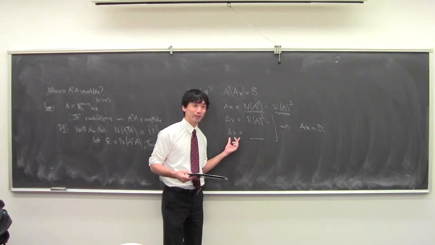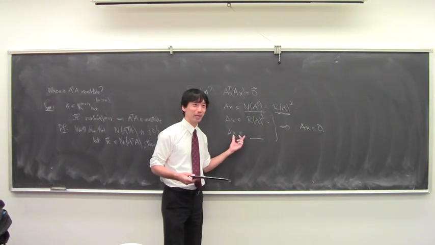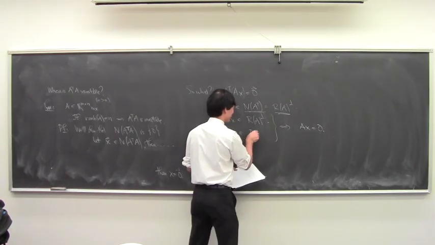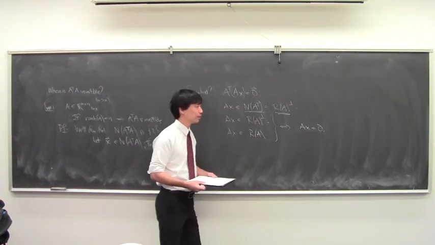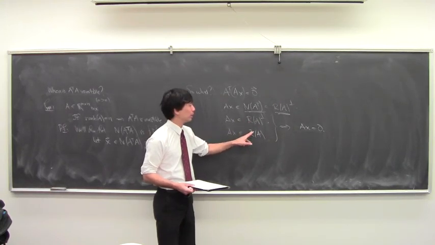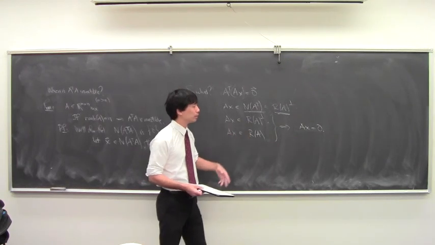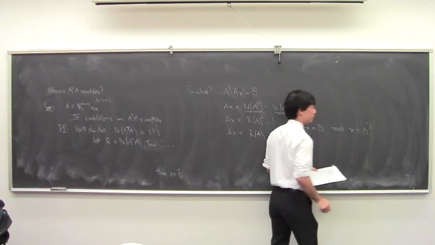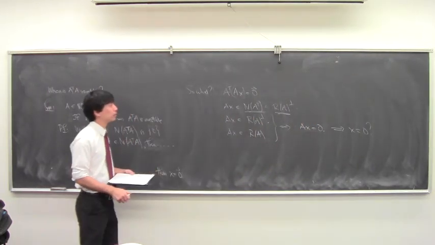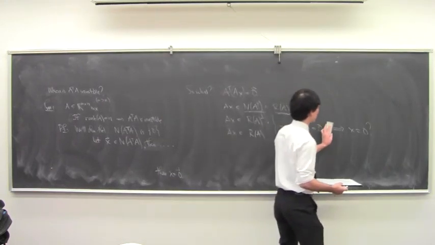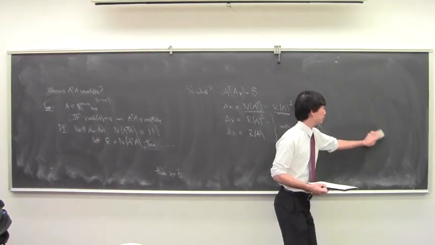Does AX lie in the range of A? Yes, by definition, right? AX is in the range of A. So AX is 0, right? Because AX lies in the range of A and the range of A perp. Okay, does that make X equal to 0? Does that make X equal to 0?